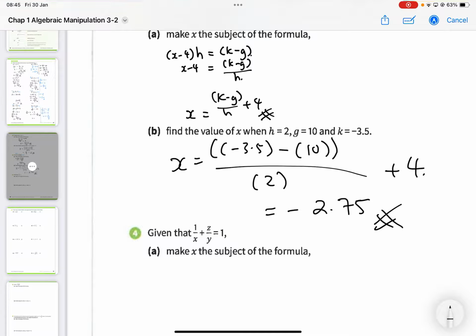Really, man? Why is your angle like that?